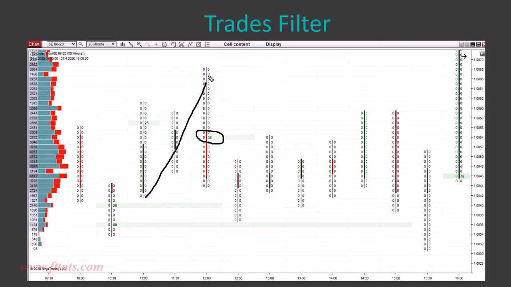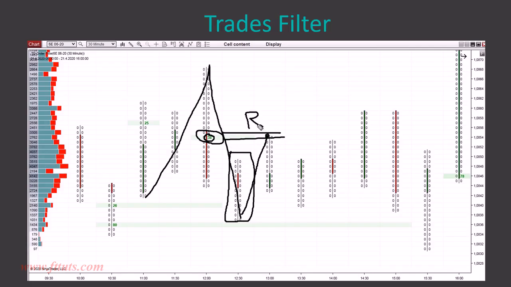There was this rejection of higher prices, and those guys probably placing a seller limit order. That's why they show on bid. There is one candle below that, and there is a pullback to this zone, which in this case is a resistance, and you go short from there.